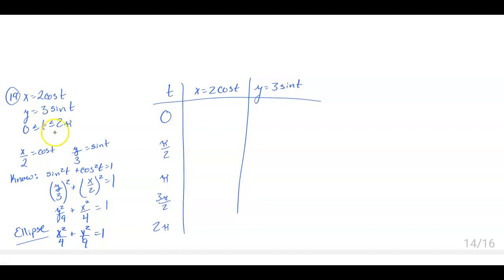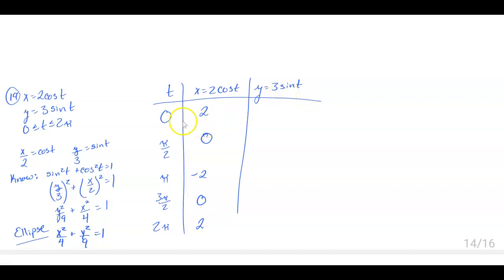That'll get me there. So substitute everything in. 2 times cosine of 0 is going to be 2 times 1, which is 2. 2 times cosine of pi over 2 is going to be 2 times 0, which is 0. Plug pi in, we're going to get a negative 2. Plug 3 pi over 2 in, we're going to get a 0. And then plug 2 pi in, we're going to get a 2.